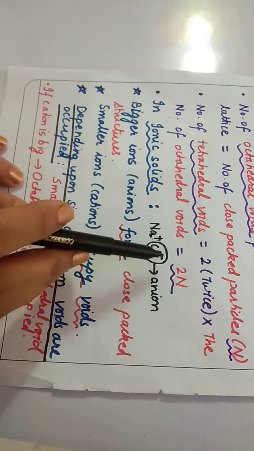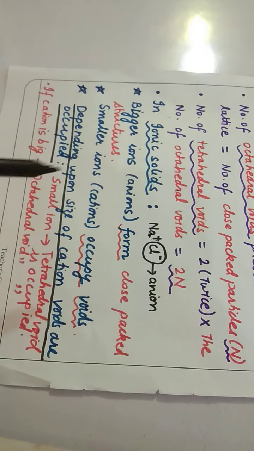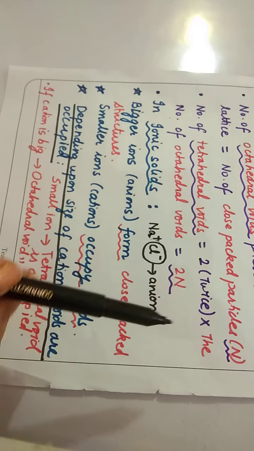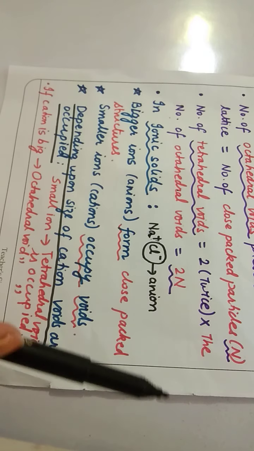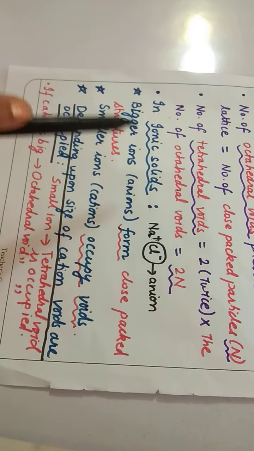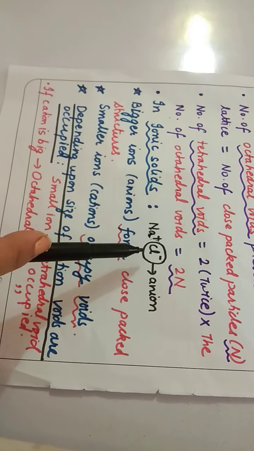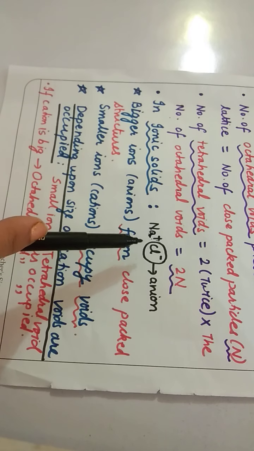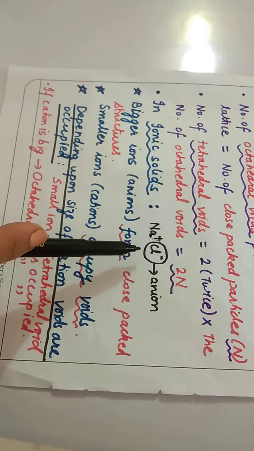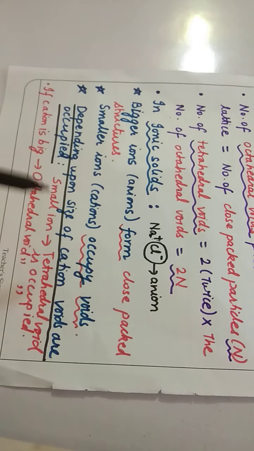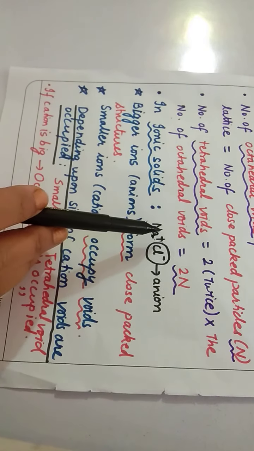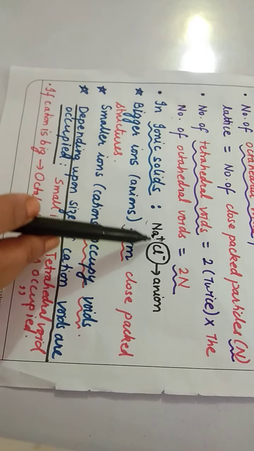So these anions will be the particles which will be forming the close packed structure, and these are the particles which are considered as lattice points. So the bigger ions, that is Cl negative, will be forming the close packed structure, and the smaller ions, that is Na positive, will be occupying the voids.